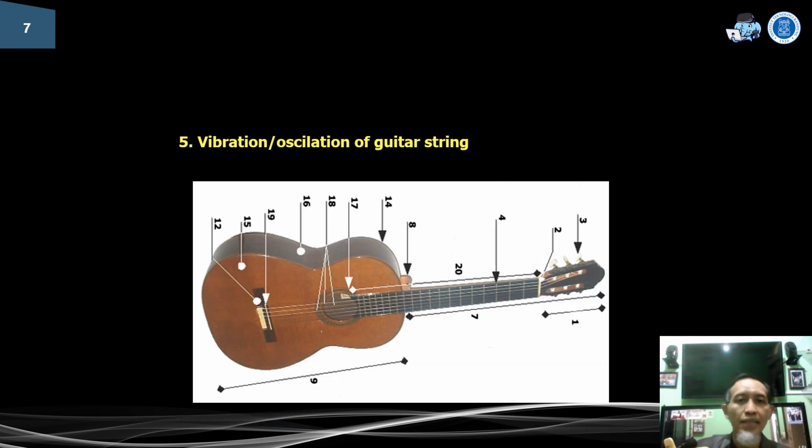Okay, the next example is vibration or oscillation of a guitar string.